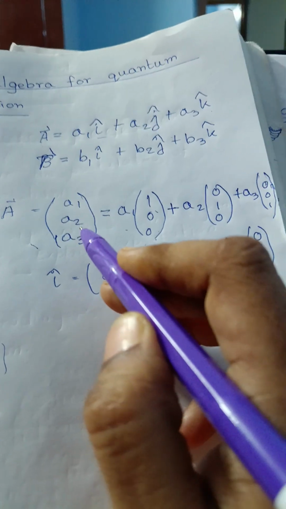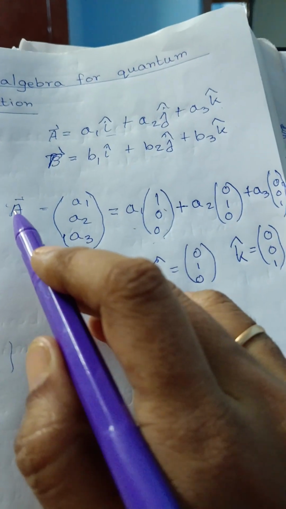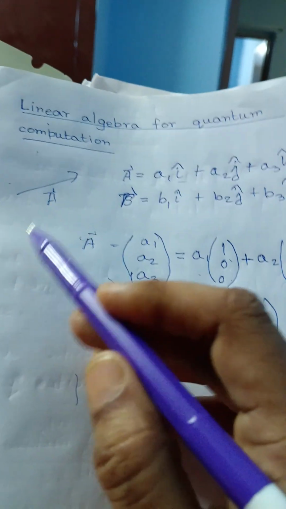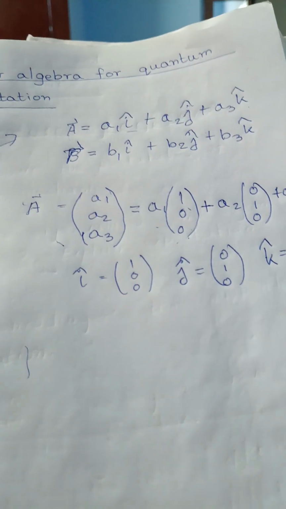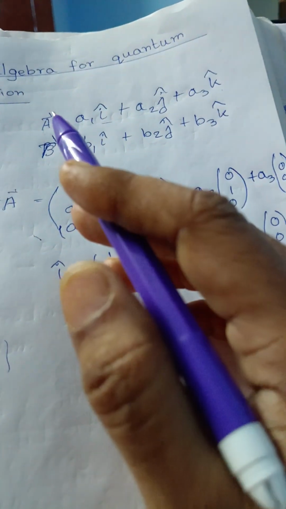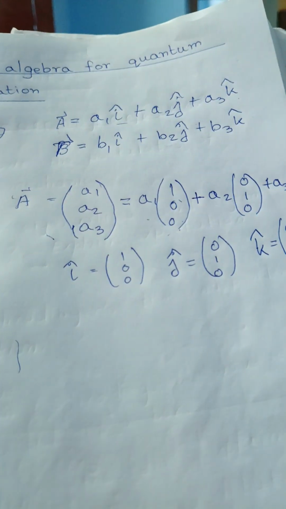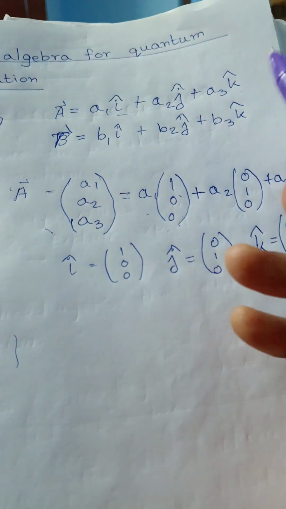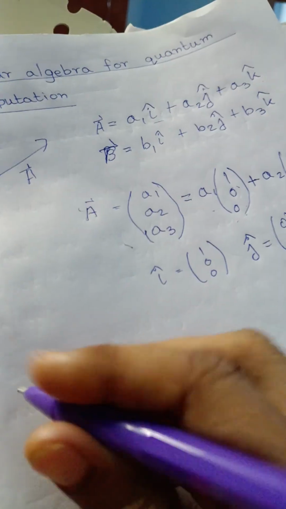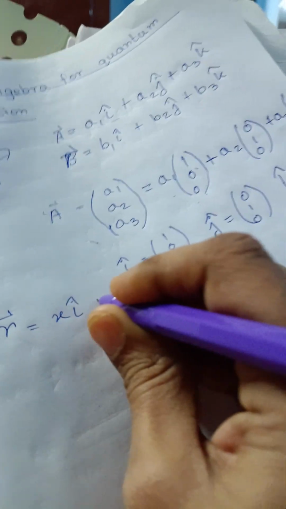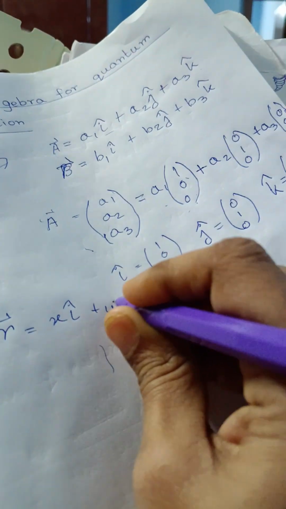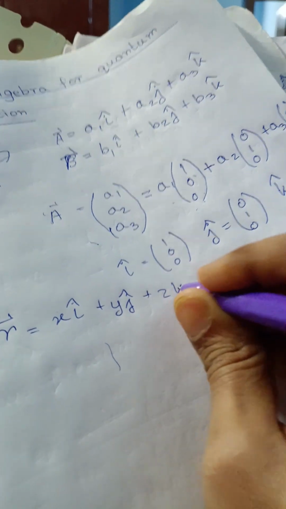It represents the state of a system, the position of a system. Here A1 i cap plus A2 j cap plus A3 k cap is generally related to the position vector. But similarly, any vector, say force or momentum, can also have x component, y component and z component. So the position vector r vector is x i cap plus y j cap plus z k cap.